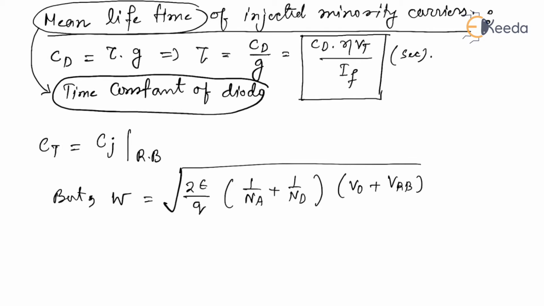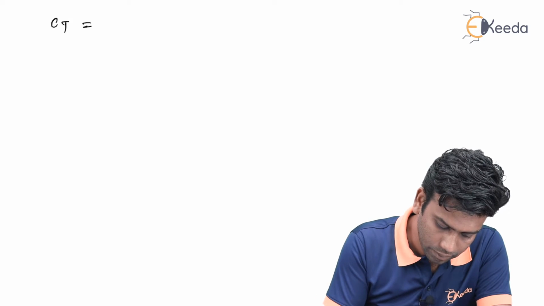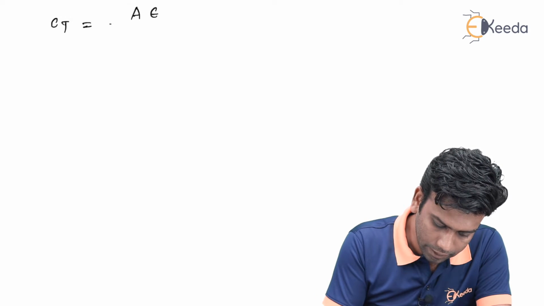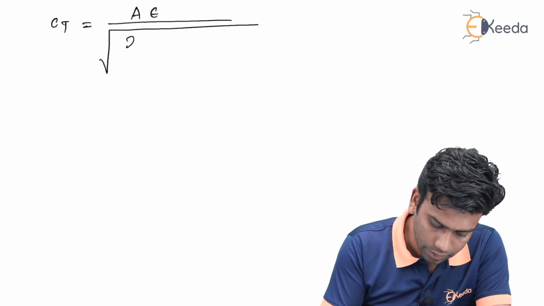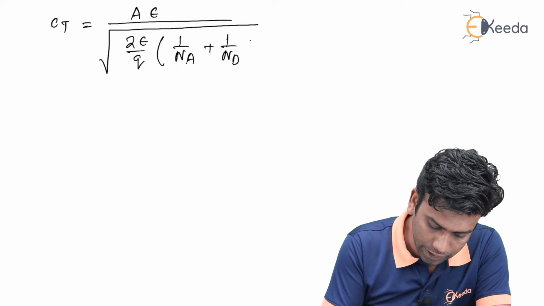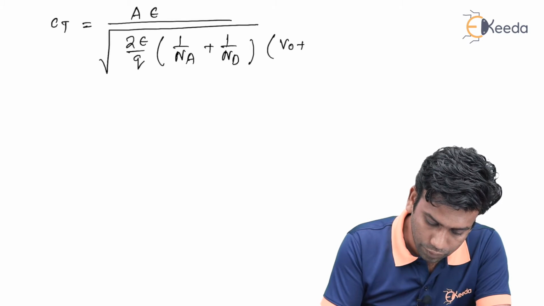So, CT value can be written as A epsilon divided by root over 2 epsilon by q into 1 by NA plus 1 by ND into V0 plus VRB.